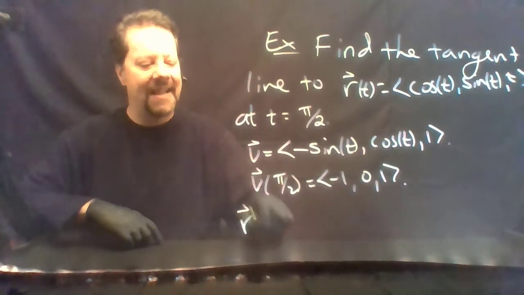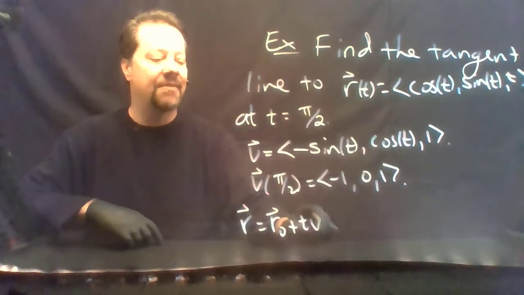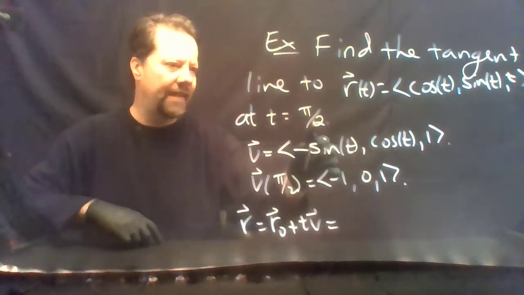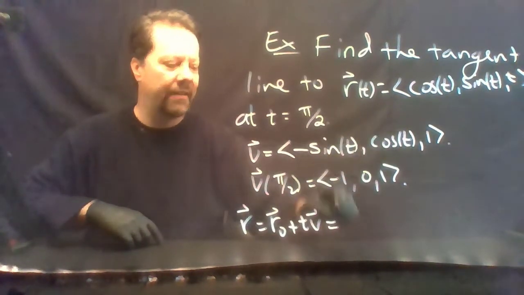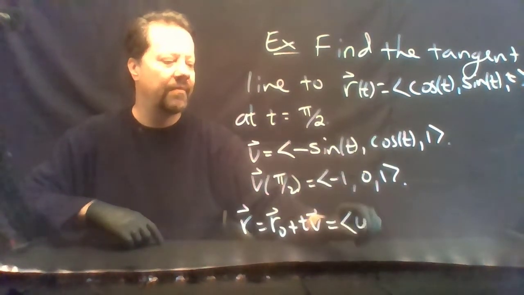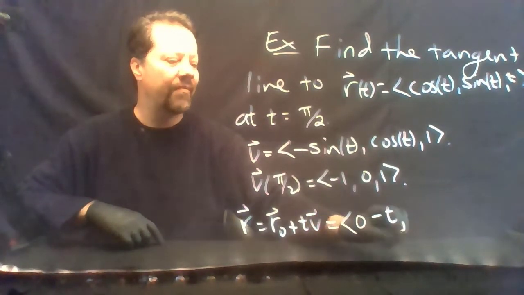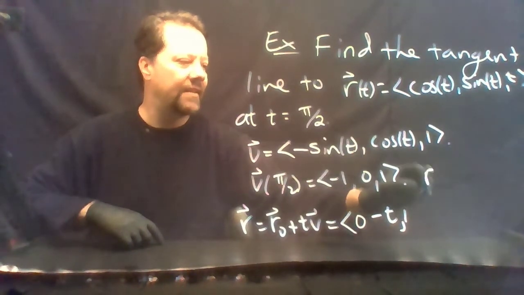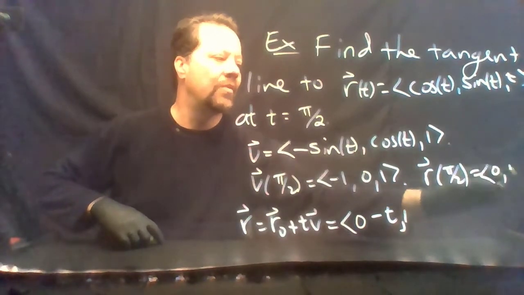The equation of the tangent line is some point on the curve plus t times v. A point on the curve at t equals pi over 2 will be 0, 1, pi over 2, plus t times minus 1, 0, 1.